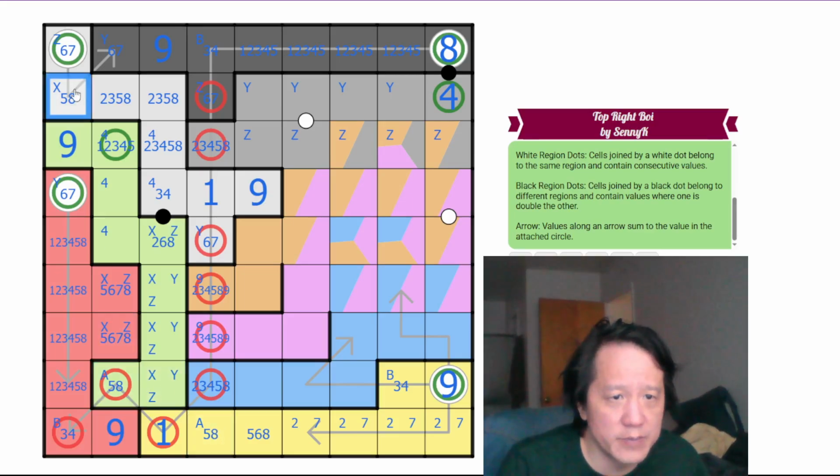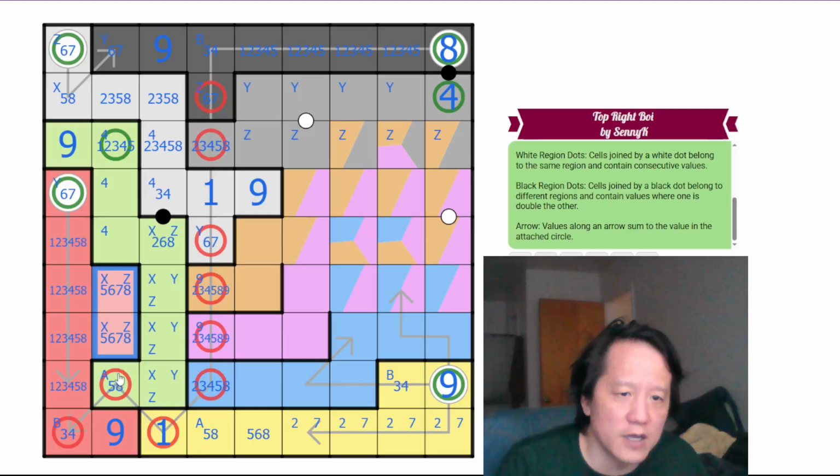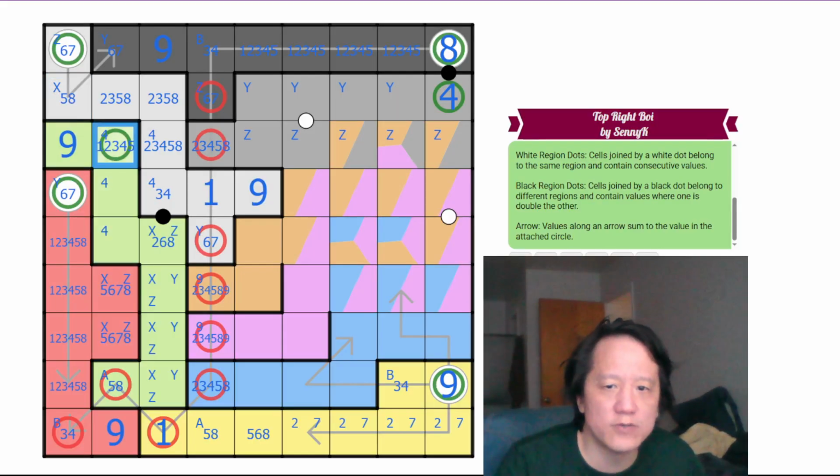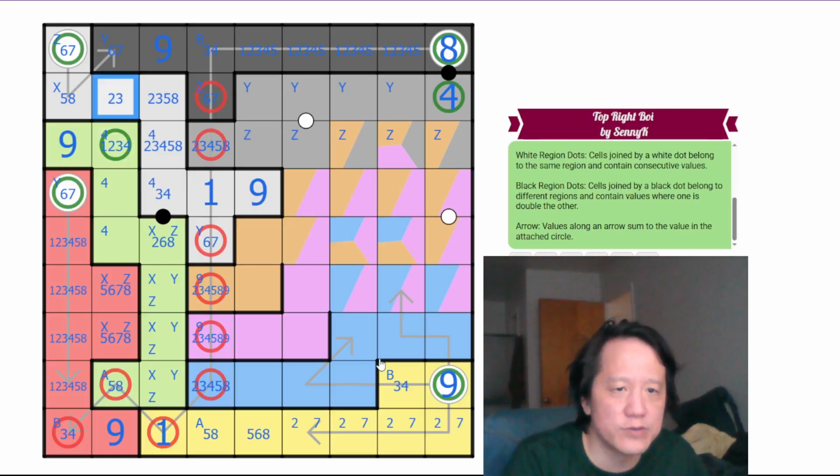Is this the same as X? Maybe. No, it cannot be. So this is the opposite of X. Interesting. So A is 5 or 8. Z, X is 5 or 8. That means this can't be 5 or 8 in the remaining digits in the column. So this can't be 5 or 8 either. It's 2 or 3.